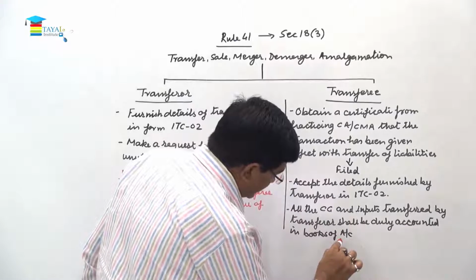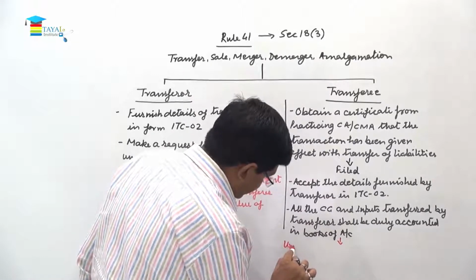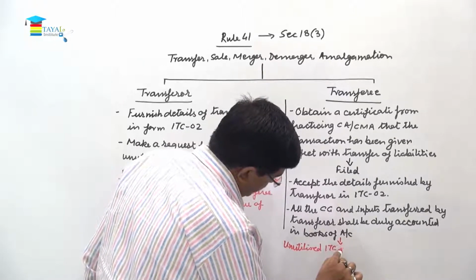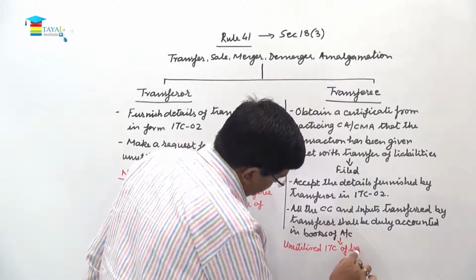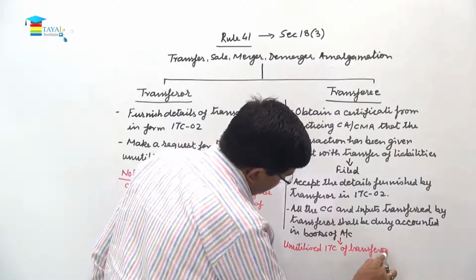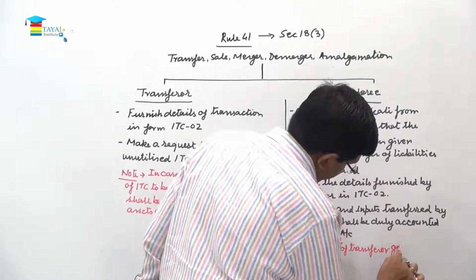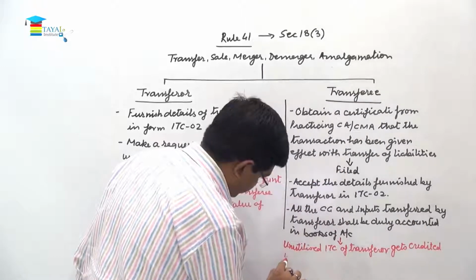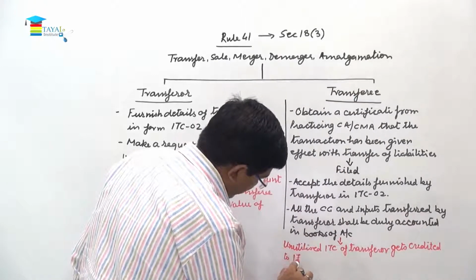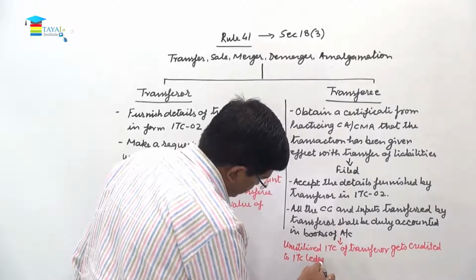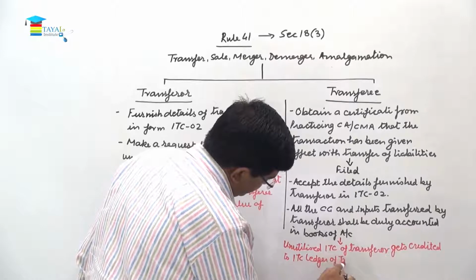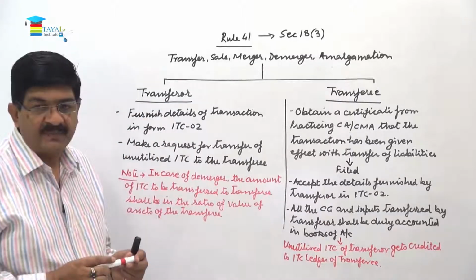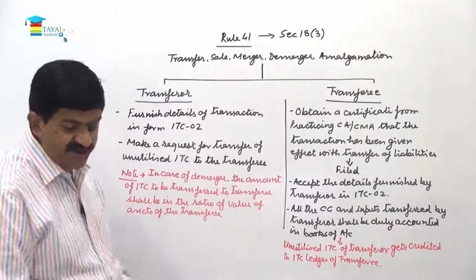So the last thing is unutilized credit of transferor gets credited to ITC ledger of transferee. Okay, so in this chart, this is the entire rule number 41.